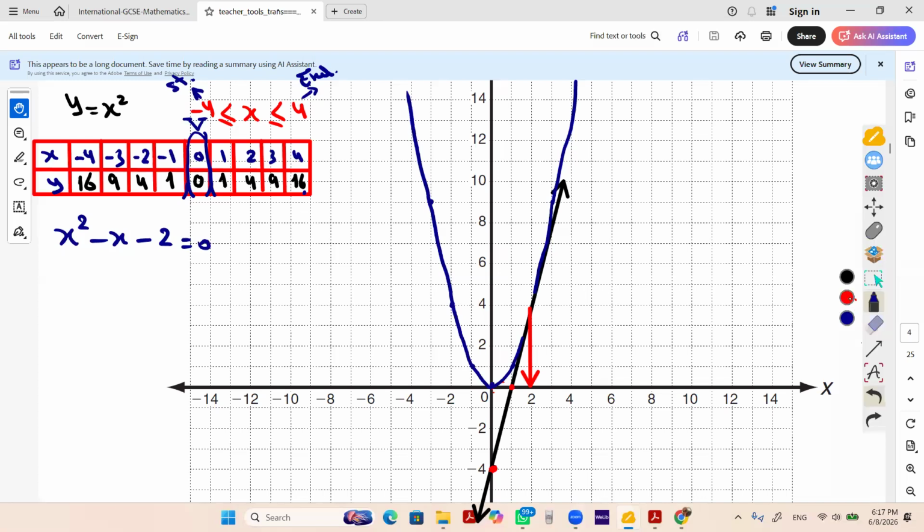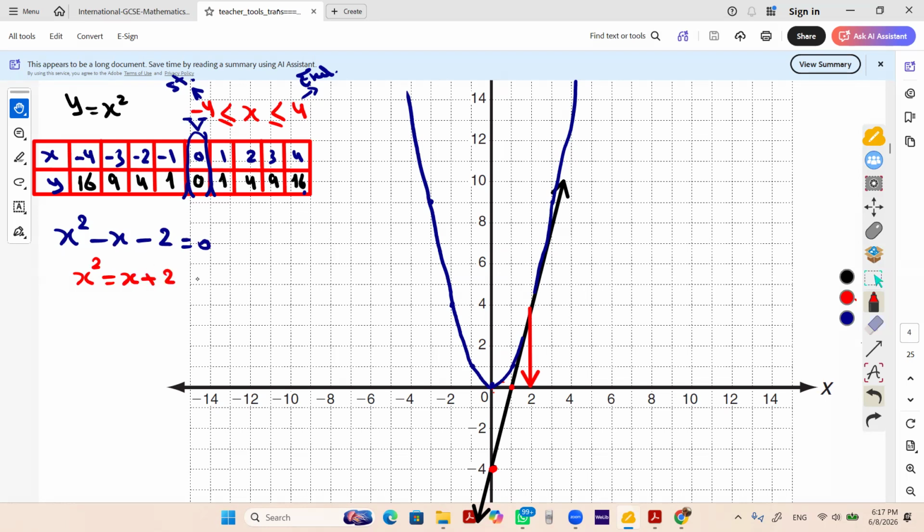Can you tell me, Layan, how you will get the x squared? What I did is I moved the negative x and the negative 2 to the other side. So x squared will be what? x squared is equal to positive x plus 2. Good.